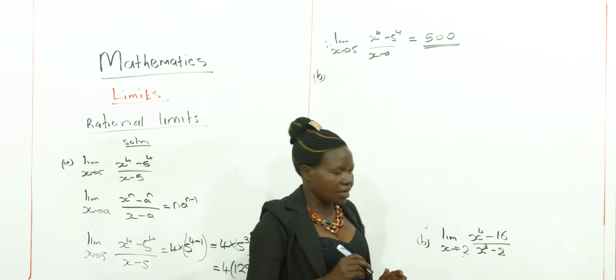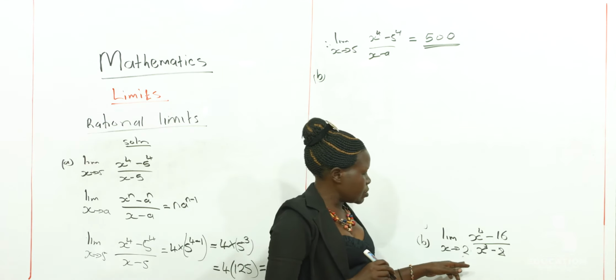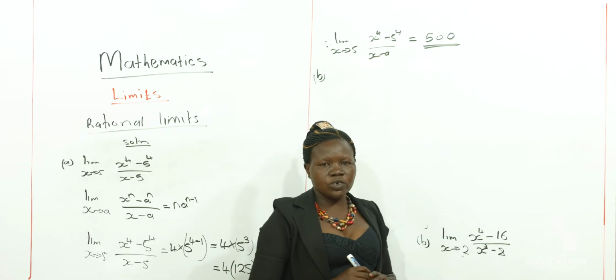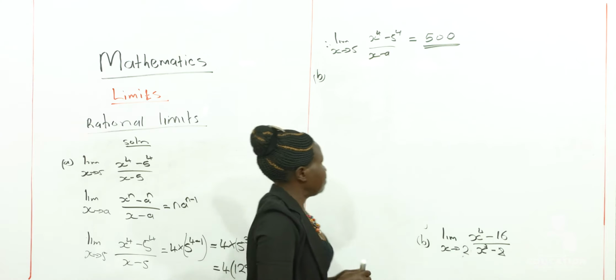So you factorize them first, and then you will be able to know which rule to apply.